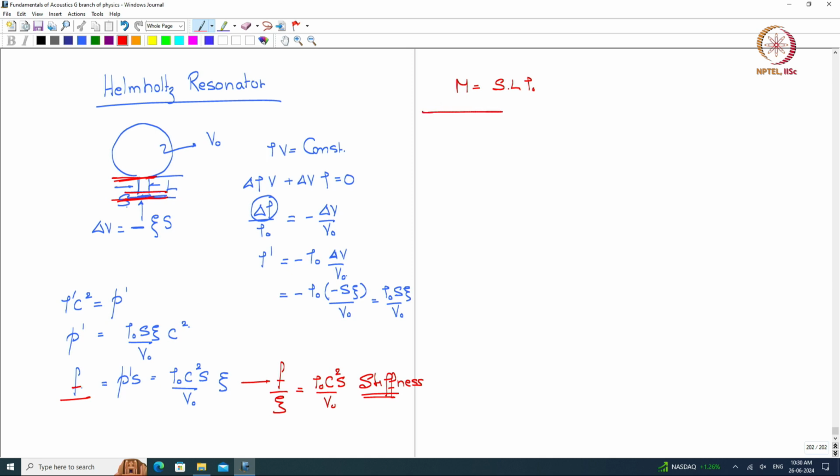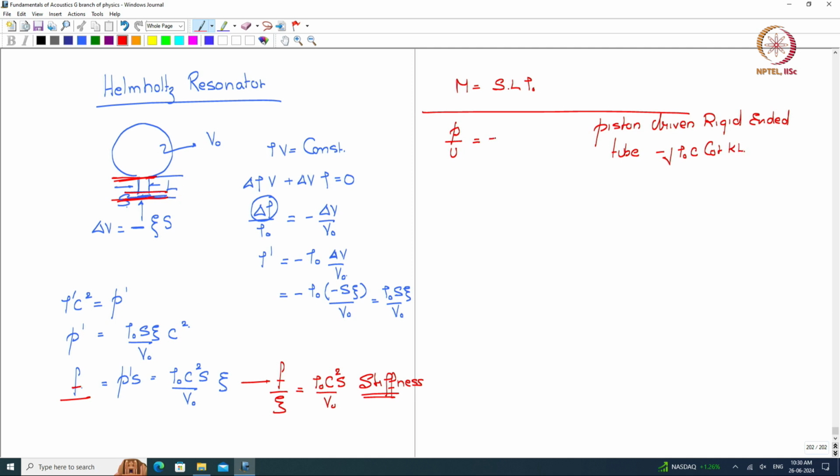is that the specific acoustic impedance, pressure over particle velocity, for a piston driven rigid ended tube is minus j rho 0 c cot KL.